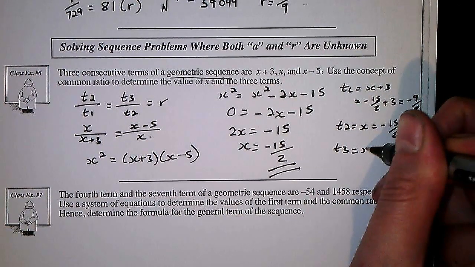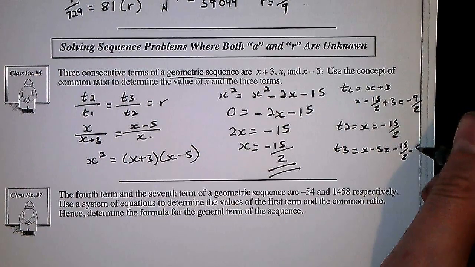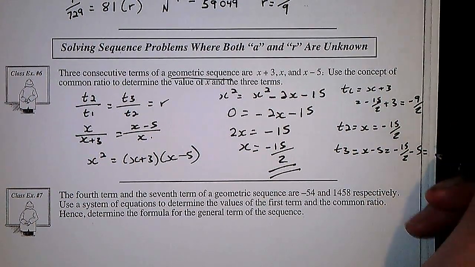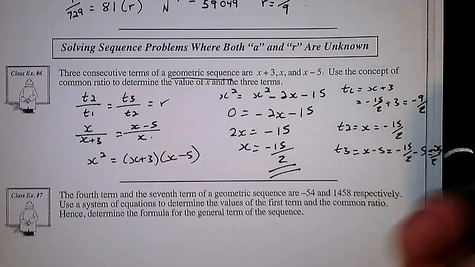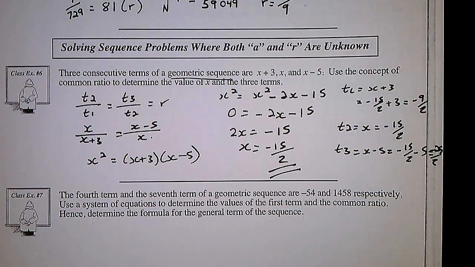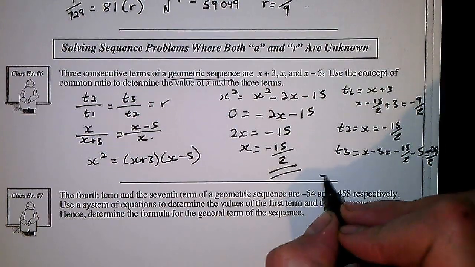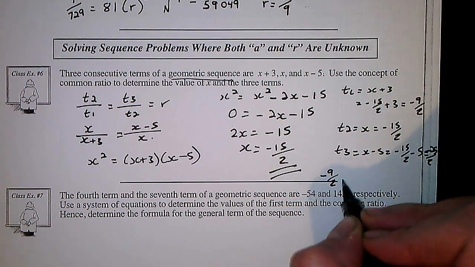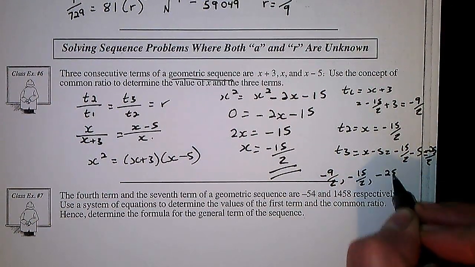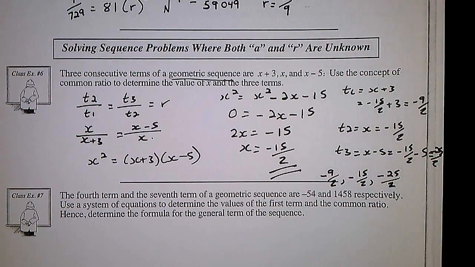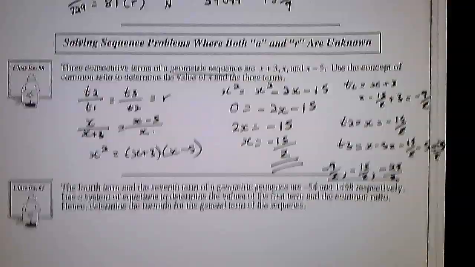T3 is equal to x minus 5, which is negative 15 halves minus 5, which equals negative 25 halves. So the three terms are negative 9 halves, negative 15 halves, and negative 25 halves. So those are our first three terms of that sequence.